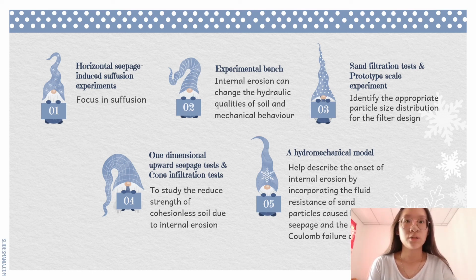The one-dimensional upward seepage test and cone penetration test are to study the reduced strength of cohesionless soil due to internal erosion. Lastly, a hydromechanical model helps describe the onset of internal erosion by incorporating the fluid resistance of sand particles caused by seepage and the Mohr-Coulomb failure criterion.